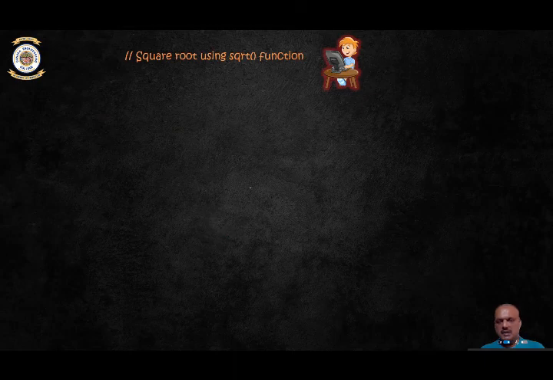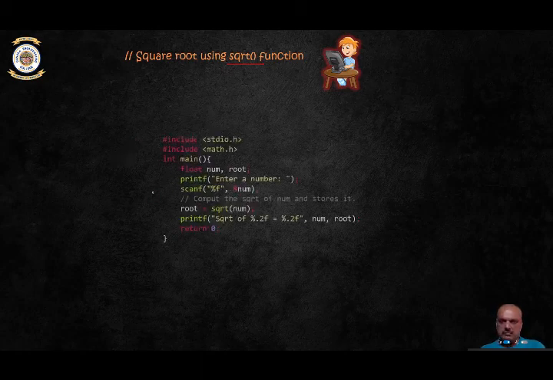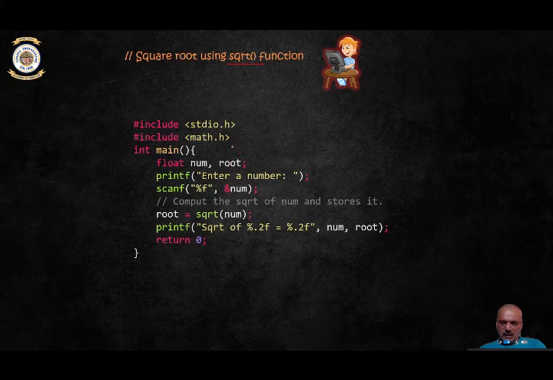Let's move to the next program, which is calculating the square root of a given number using the square root function. Now, as seen in one of my previous lectures, I have the square root function defined inside the math.h header file of the C standard library.